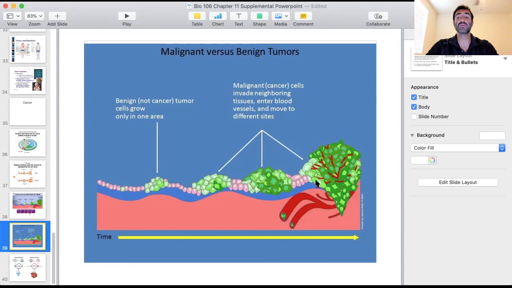And when it gets really bad is when it enters something called metastasis, where the cells will actually break off and enter other parts of the body and begin growing there too. And in that case, the cancer becomes very difficult to treat because it is so prevalent throughout the body.